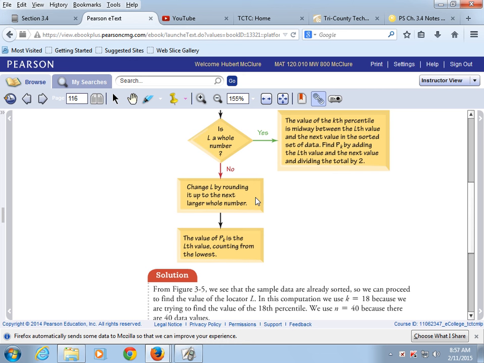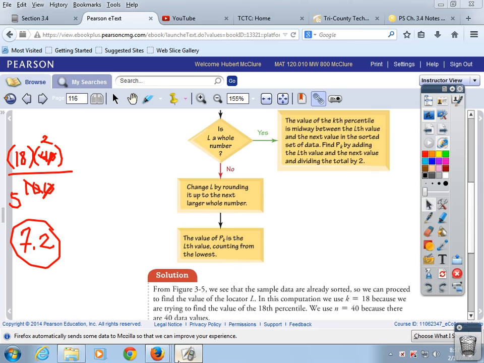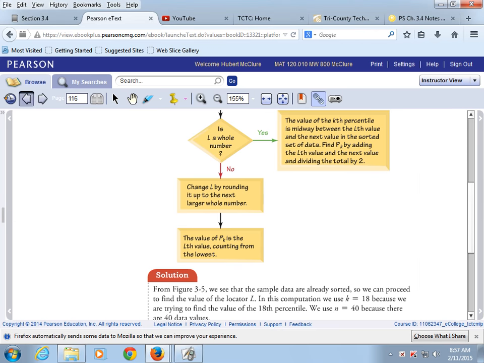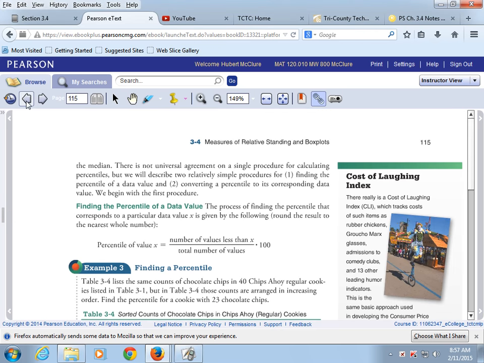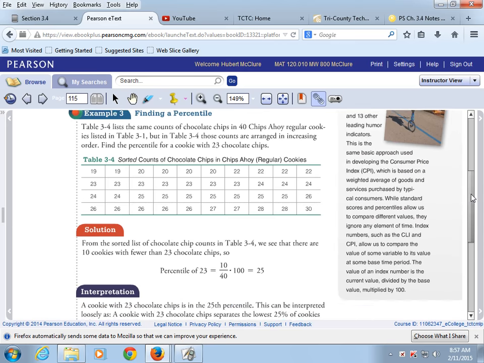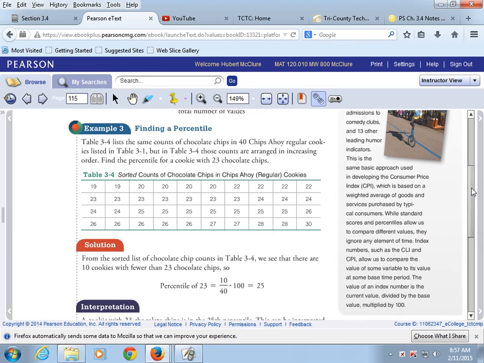So let's go back to the table. Kind of help with the table on the side, and count how many spaces? 1, 2, 3, 4, 5, 6, 7, 8.